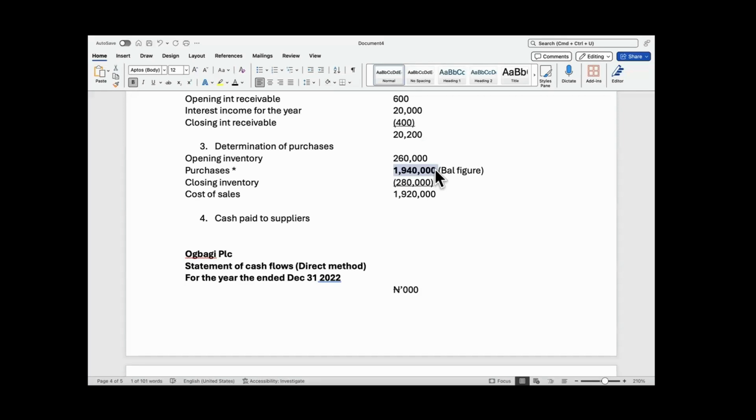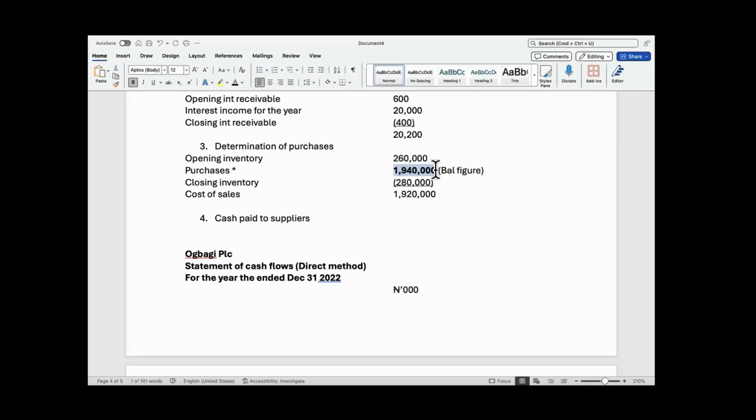Am I owing anybody? And if I'm owing anybody, when it comes to purchases, the people I'm owing will be represented by trade payables. If you are owing people from buying goods from them, in your statement of financial position, you will see those ones as trade payables. It will be there. That means you are owing.